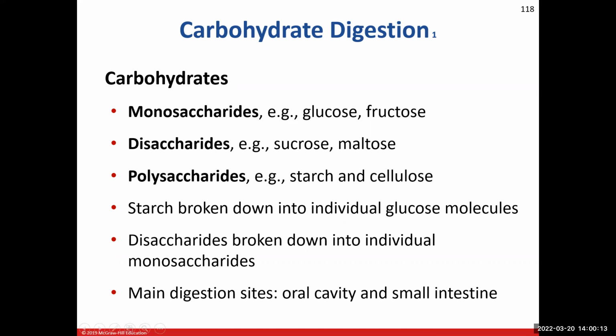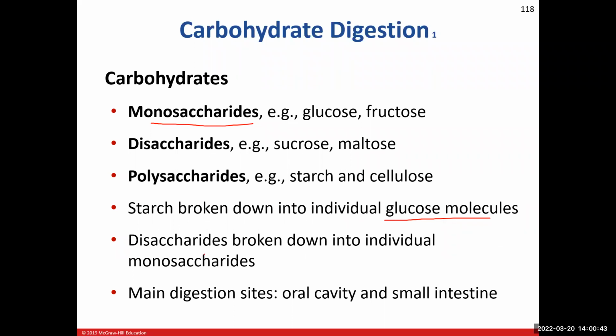So our starch is going to be broken down into, our goal is glucose molecules. That is a monosaccharide. Again, disaccharides, depending on the ingredients, whether it's 2 glucose molecules, or 1 glucose molecule and fructose, or 1 glucose molecule and galactose, depending on what we're dealing with.